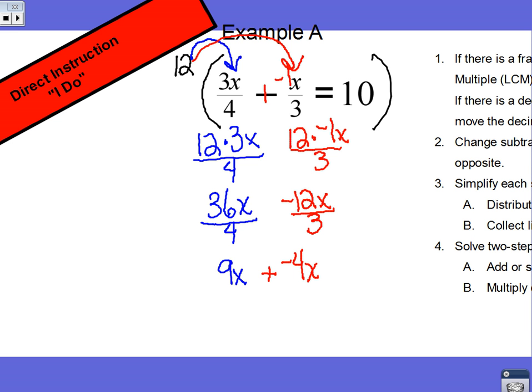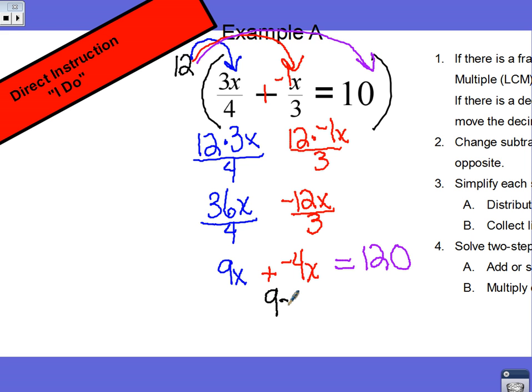Okay, so let's come over to the last one now. I have 12 times 10. 12 times 10, I can come straight down here, because 12 times 10 is 120. Now, this is just really your basic equation. We call this a multi-step equation because I need to combine my like terms. So I have a 9x and a negative 4x. Different signs means I need to subtract. So 9 minus 4 is 5.